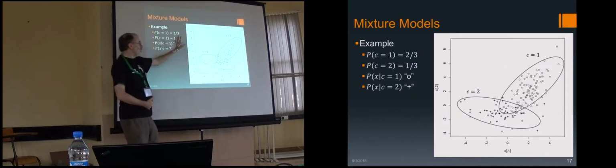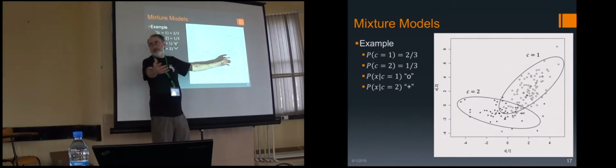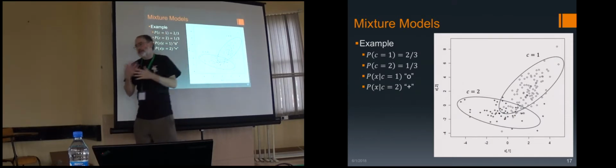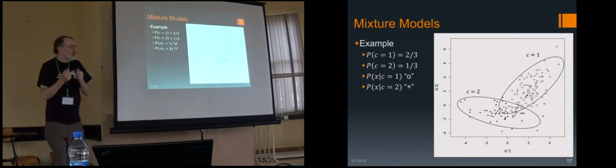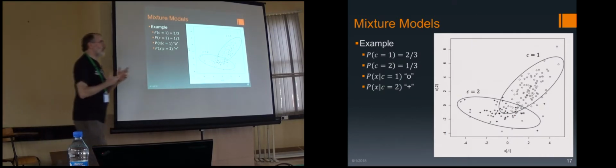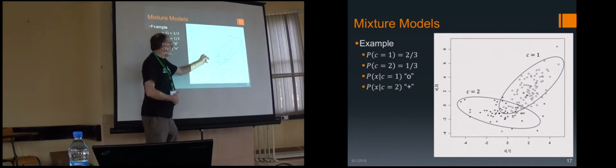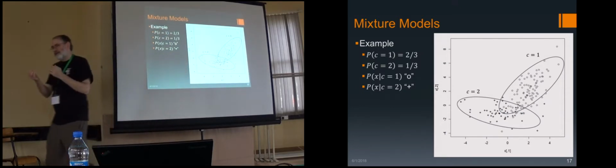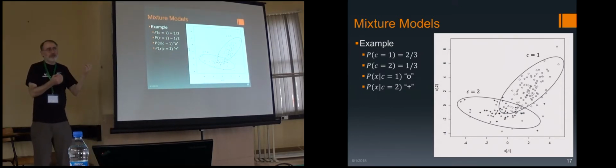And then we could separately take the circles and estimate the mu and sigma for cluster 1, and take the pluses and estimate the mu and sigma for cluster 2. So the trick to fitting a mixture model is to try to assign values of C to each data point. We're going to guess which cluster each data point belongs to, and then fit our models of those clusters.